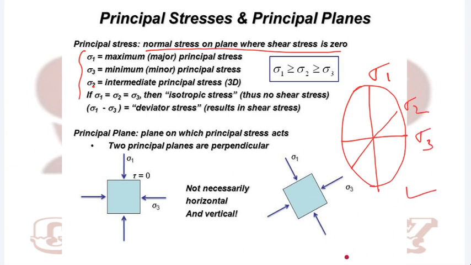This is called the stress ellipsoid, where we represent the principal stress axes. When a force is applied on a plane, the normal stress value will be sigma 1, sigma 2 or sigma 3, and the shear stress value will be 0. In that case it is called a principal stress. So a simple force acting on a plane with 0 shear stress can be called a principal stress.